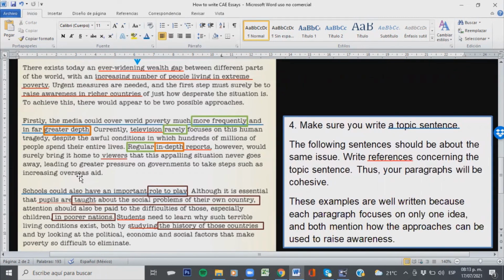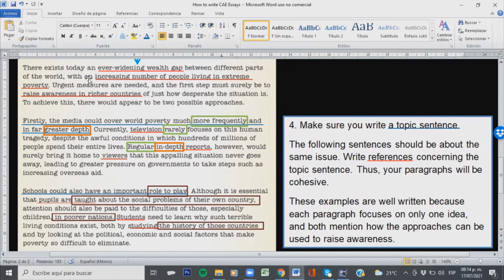For example, the word poverty, which is very important for this essay, appears only 3 times, and 2 of them have descriptors. For example, world poverty or extreme poverty. So they are not exactly the same. And we can read many other ways to express or refer to the concept of poverty.